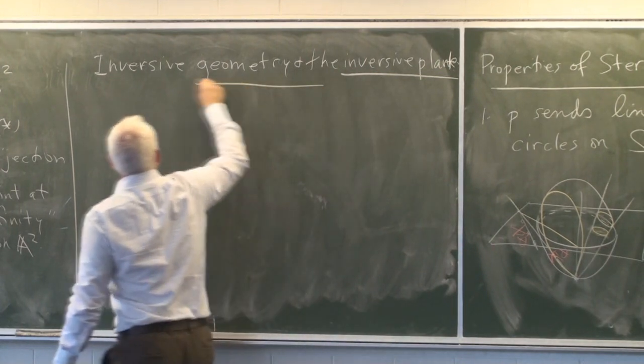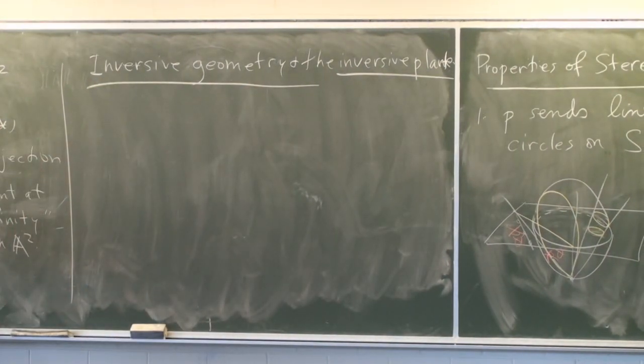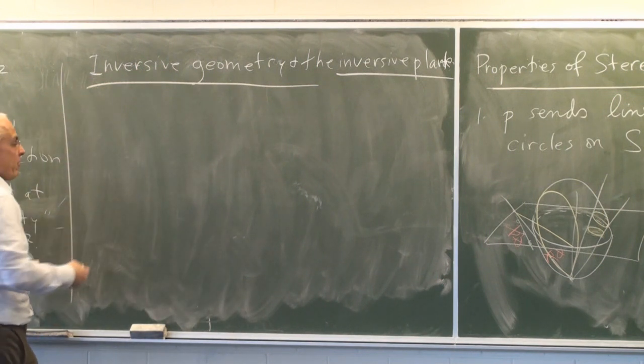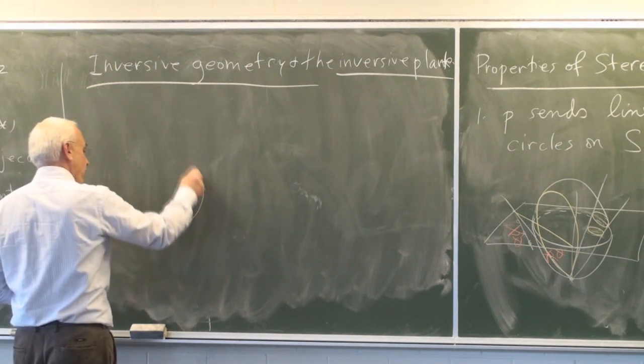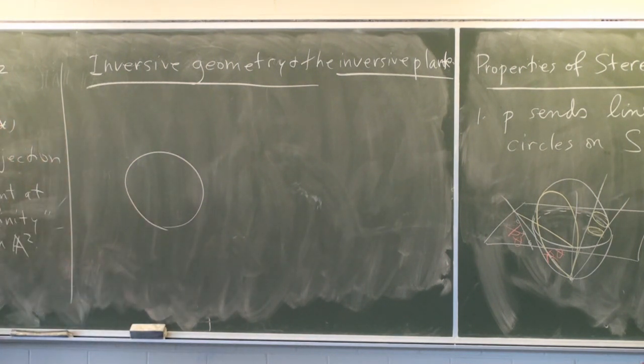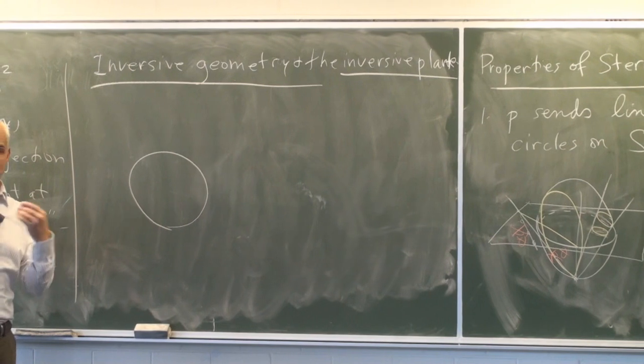Very closely connected, so let me say it at the same stage here. So the inversive plane is another manifestation of the sphere. So inversive geometry in its standard form takes place in Euclidean geometry, and the idea is that if you have a circle, an arbitrary circle in the plane, then there's a notion of inversion in that circle.